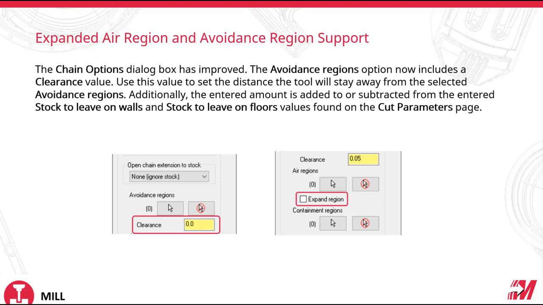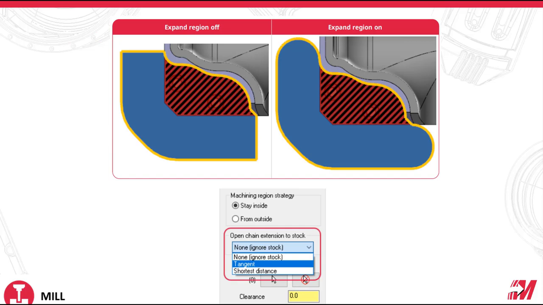We also have expand region. Expand region is crucial, and I'm really happy to see that one too. This is going to be a great addition here. So the expand region, what that's going to do is if you're cutting a corner of a part, kind of like we're seeing here, it made its boundaries straight out, perpendicular to the end of the cut.